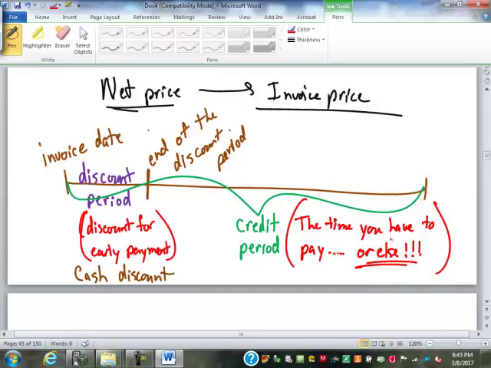Now, or else doesn't mean they're coming with a baseball bat to break your legs. Or else means, and it's usually written right in that invoice sales contract, that on this date, if not paid, this will convert over to an interest-bearing note. So if you have not paid this, this now is no longer an invoice, it is now a debt, and you are going to be paying interest on it.